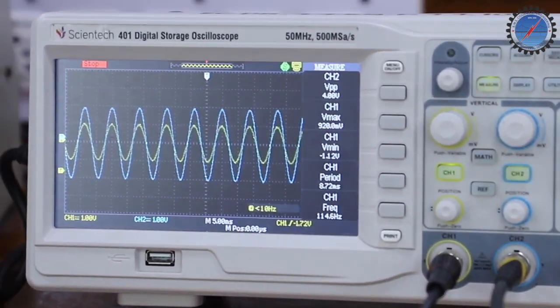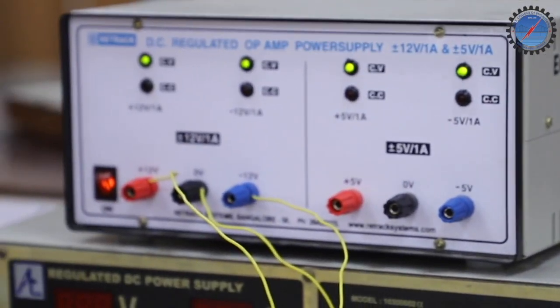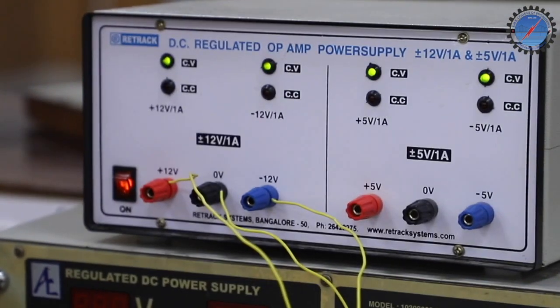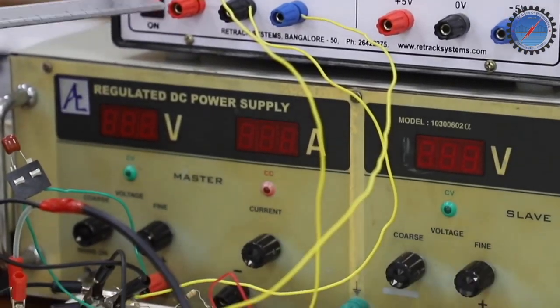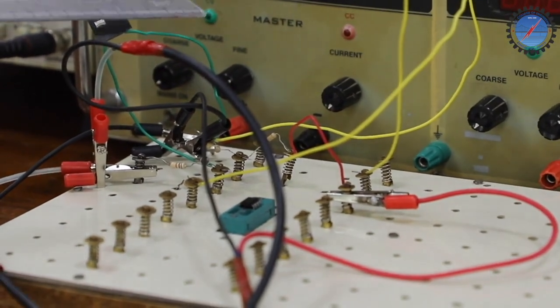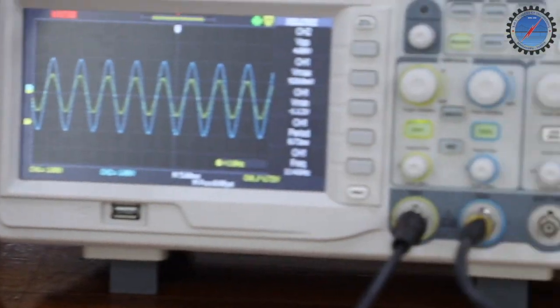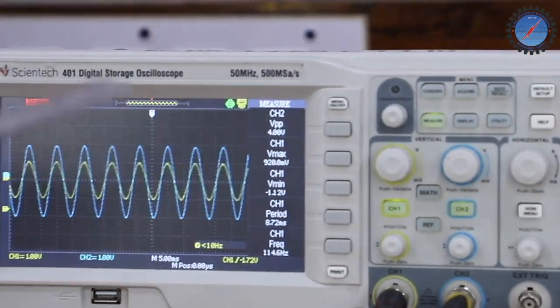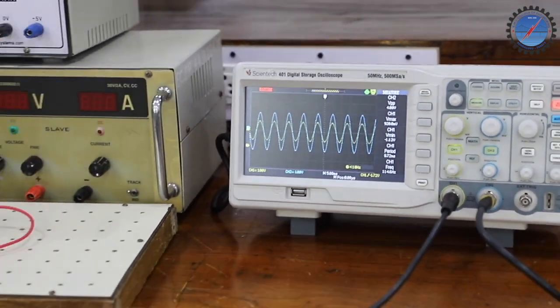We need a regulated op-amp power supply, as the op-amp needs two power supplies, plus 12 volts and minus 12 volts, and 0 goes to the ground. And this is a DSO to display the input-output waveforms. It's a display device, and the input device is our function generator.